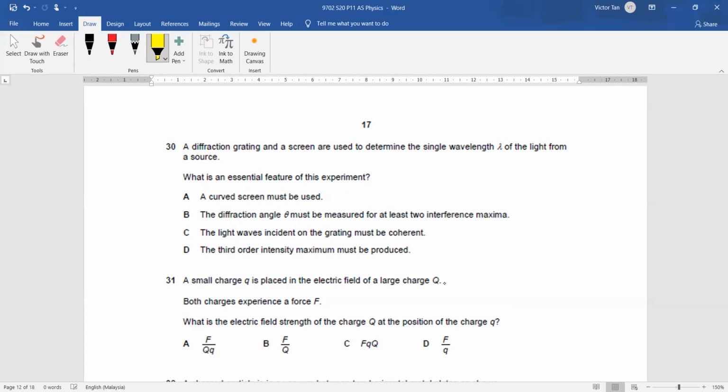Formula is d sine theta n equals n lambda. Okay, because diffraction angle must be measured for at least two interference orders to determine the single wavelength lambda.